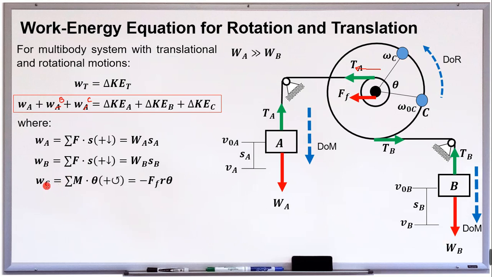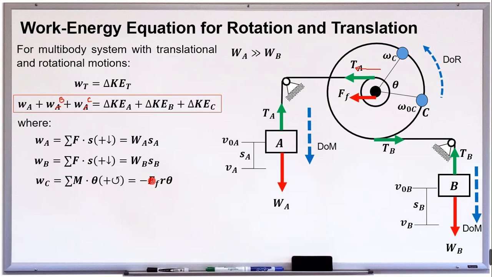Next, for the work done on our cylinder C, since its motion is rotational, we will use summation of moment times the angular displacement. We take positive if the moment being produced is counterclockwise, which is the same as the direction of our rotation. The only external force present in our cylinder C is the frictional force FF.